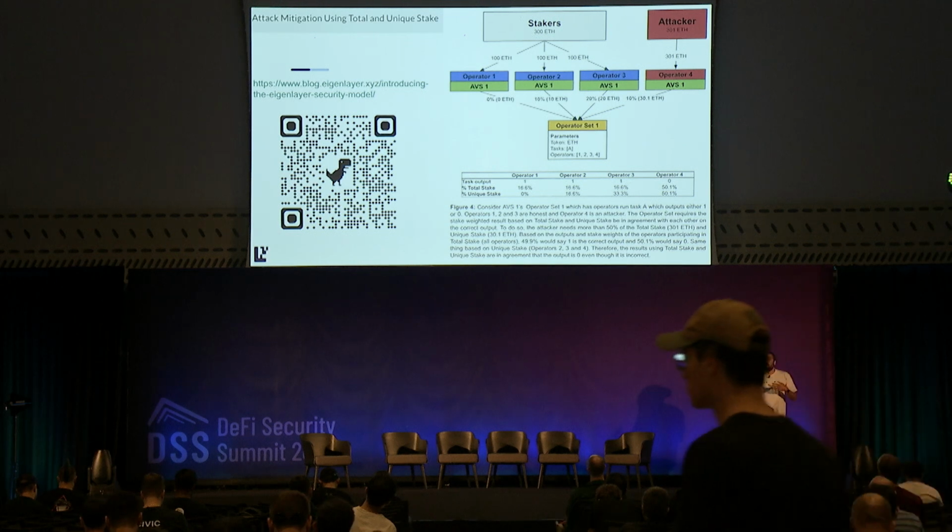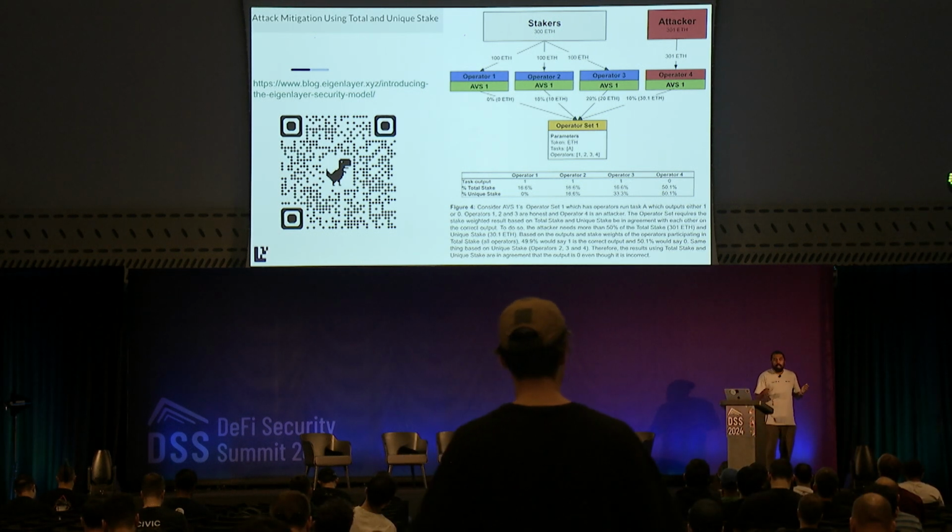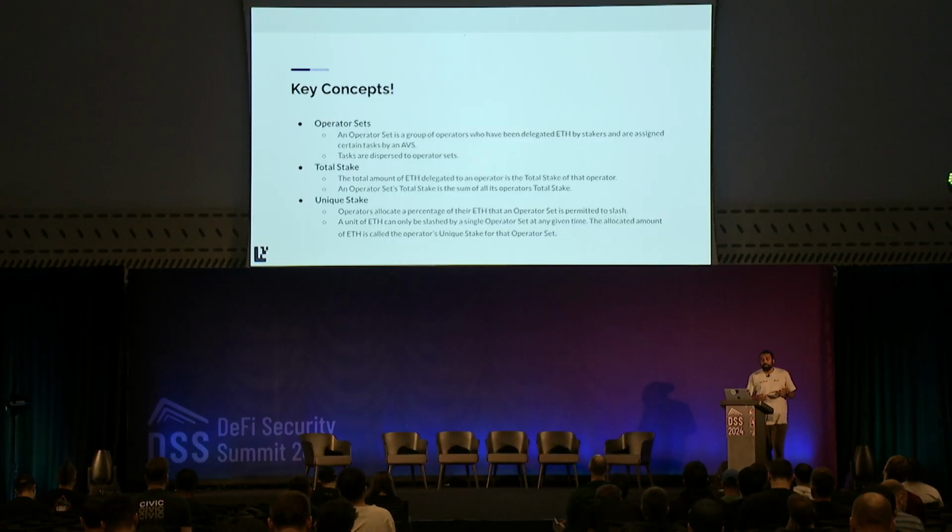And you can use a combination of total stake and unique stake because they have different properties, right? Total stake is just like the sum. You can see that the total stake is the total amount of ETH delegated to an operator. And the unique stake is the amount of stake that you have unique rights to slash.